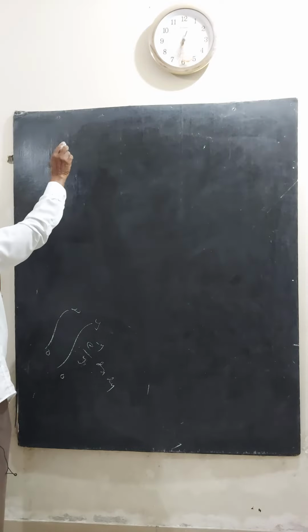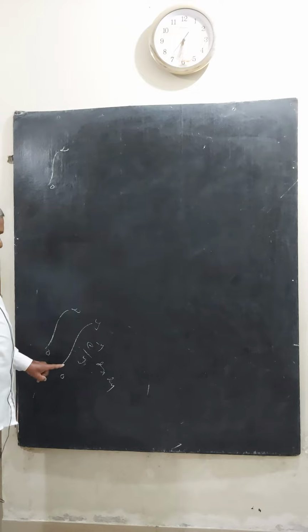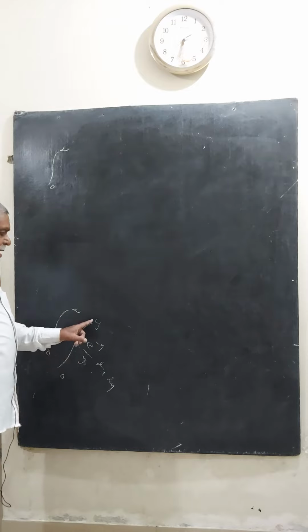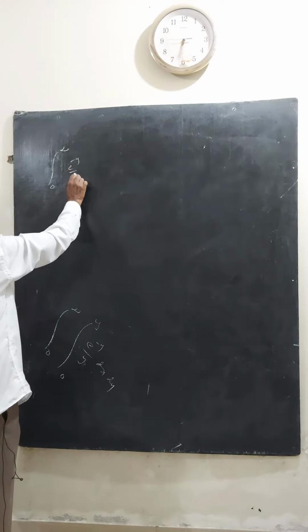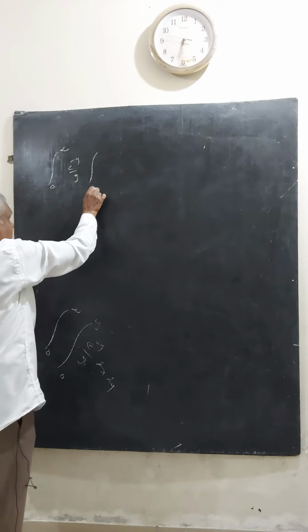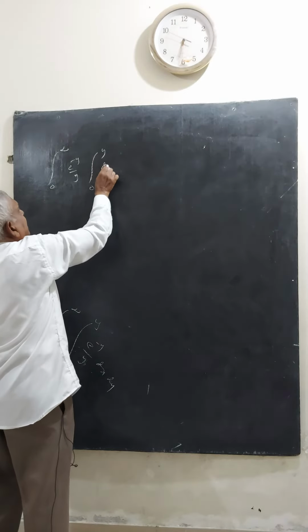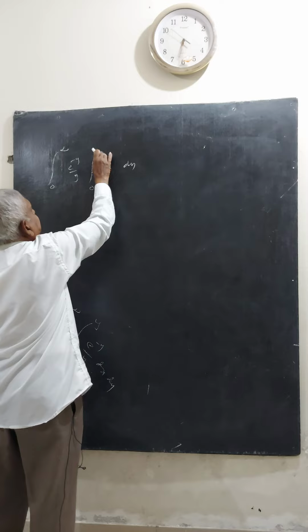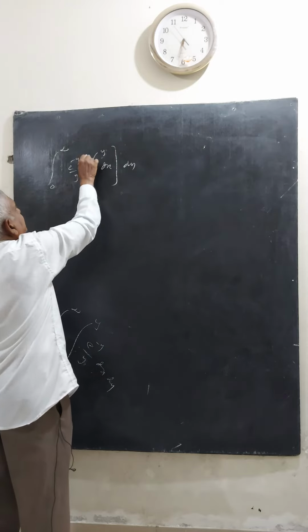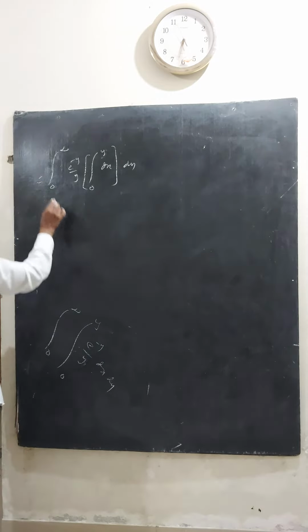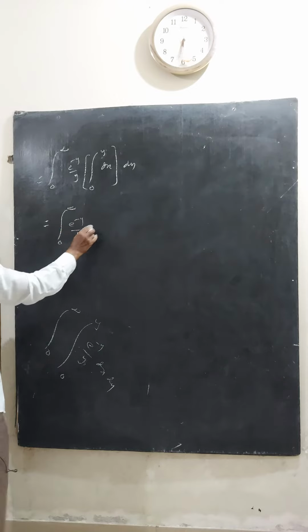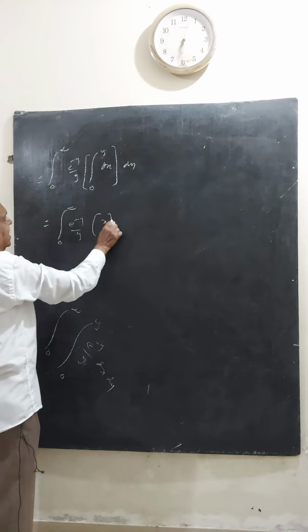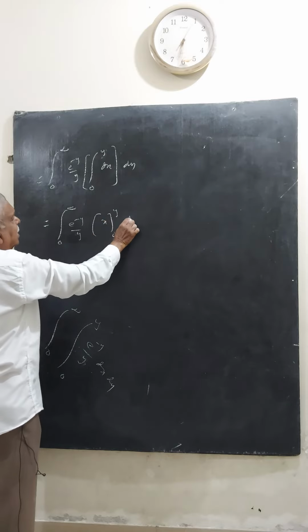Zero to infinity. If the limits are in y, we have to integrate with respect to x only. This limit of y belongs to x only. Therefore, the integral of e power minus y by y, from 0 to y, dx dy, equals the integral from 0 to infinity of e power minus y by y, integrating dx gives x, from 0 to y, dy.